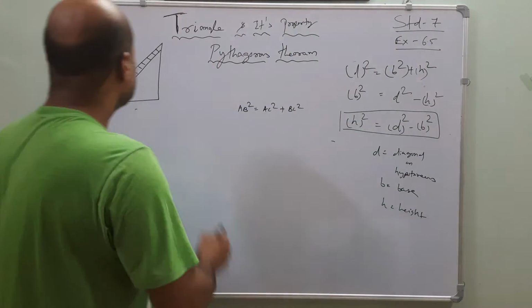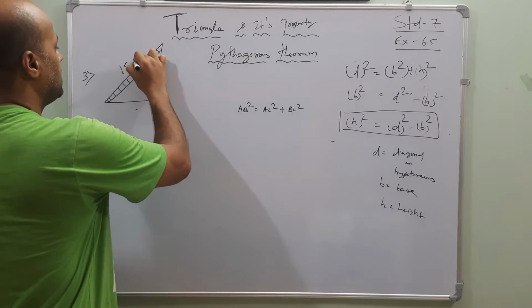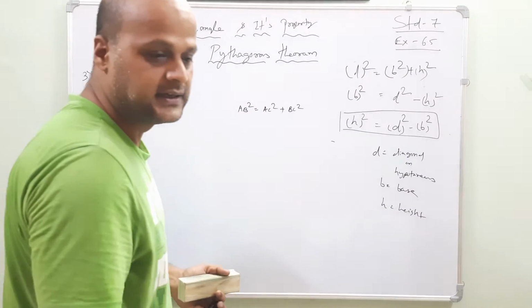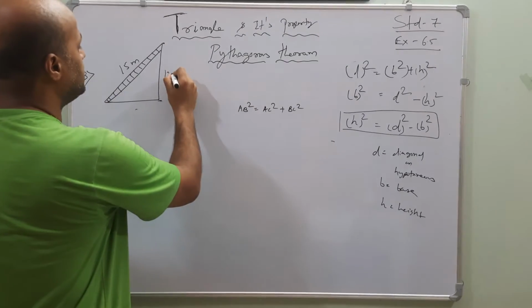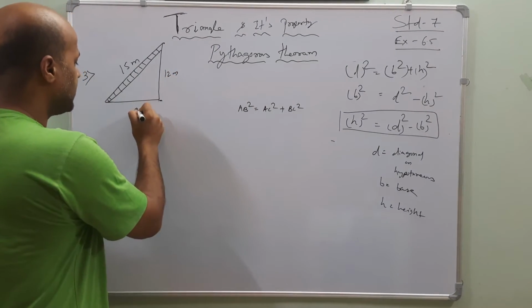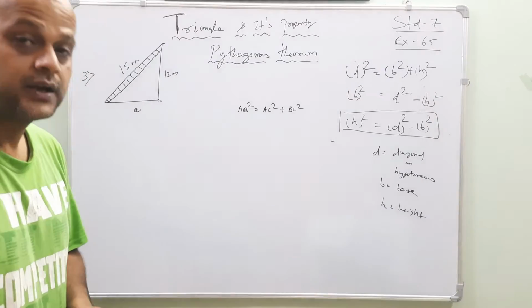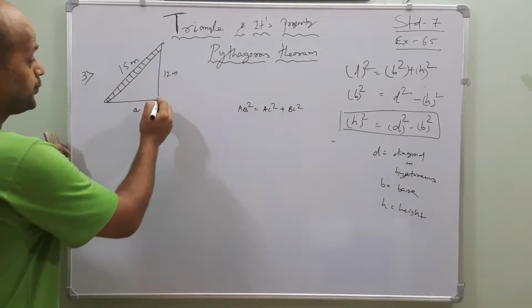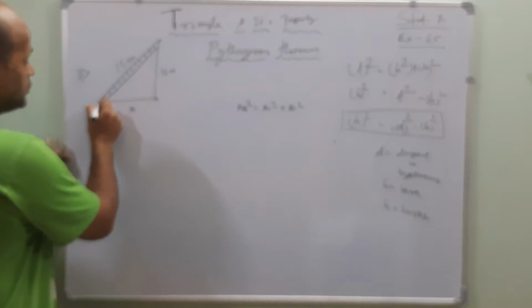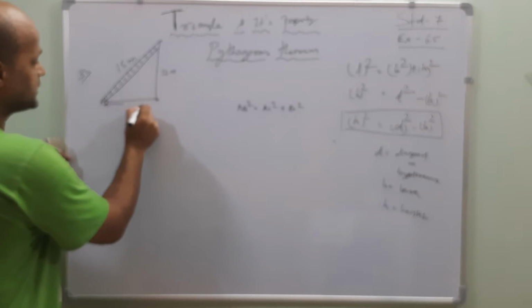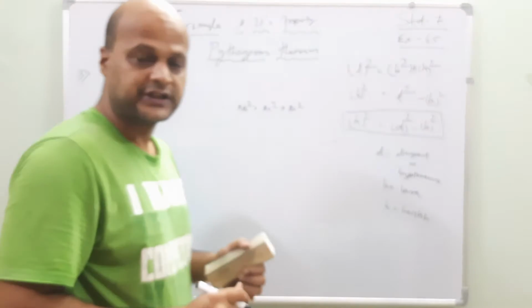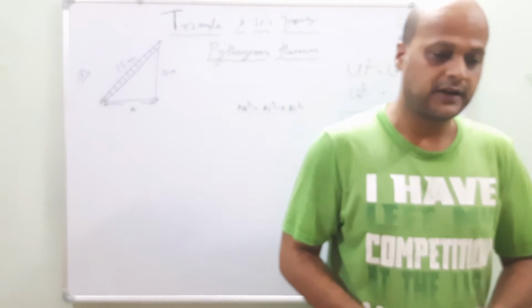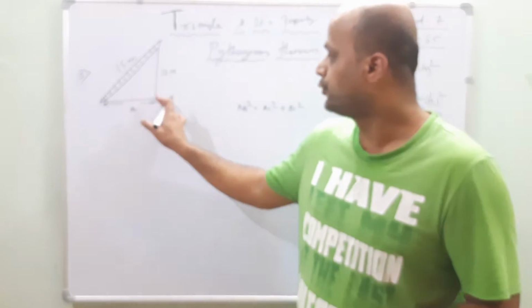Here it says the ladder's length is 15 meter, and from the ground level to the window, what is the height it is asking? It says 12 meter. Let me read the question carefully: a 15-meter long ladder reached a window of 12 meter high.